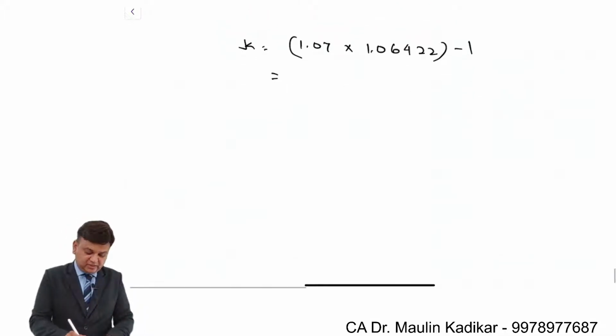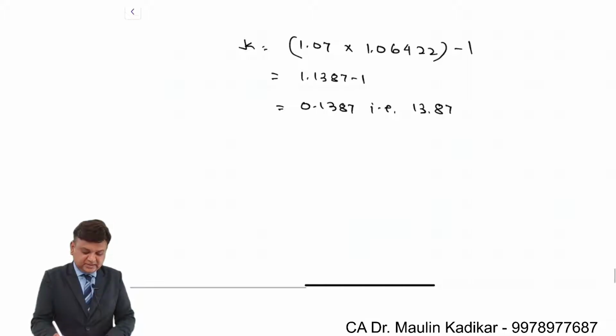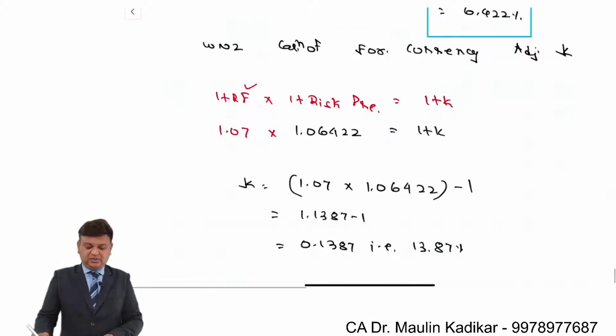So it is once again 1.1387 minus 1, 0.1387, that is 13.87%. This is also the way we can calculate.